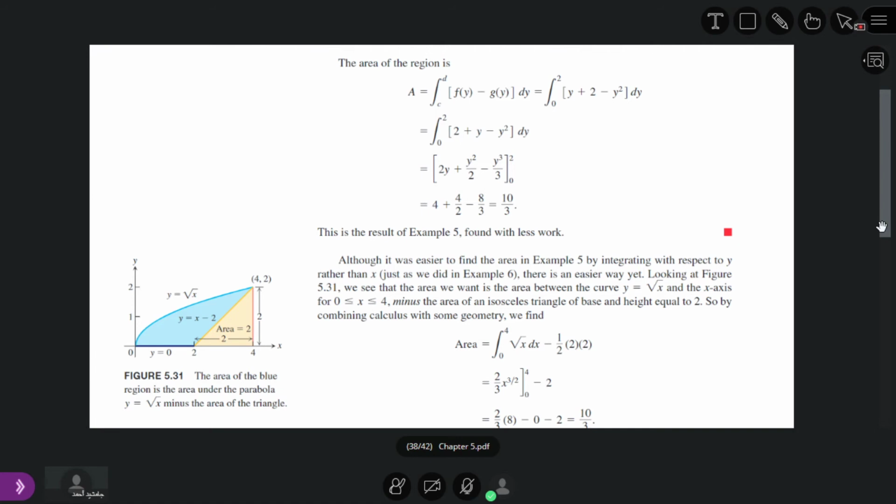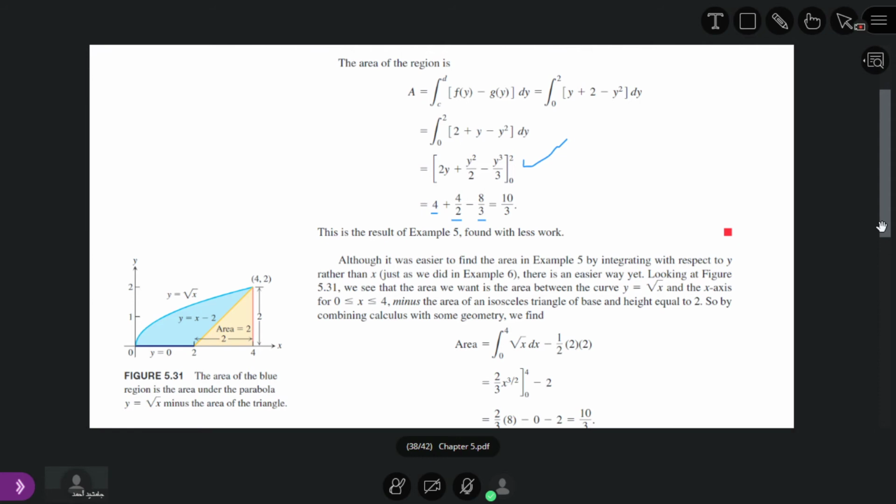First we put the upper limit, then we put the lower limit. As the lower limit is 0, it makes everything 0. Putting the upper limit 2: 2 into 2 is 4, 2 square is 4, and 2 power 3 is 8.